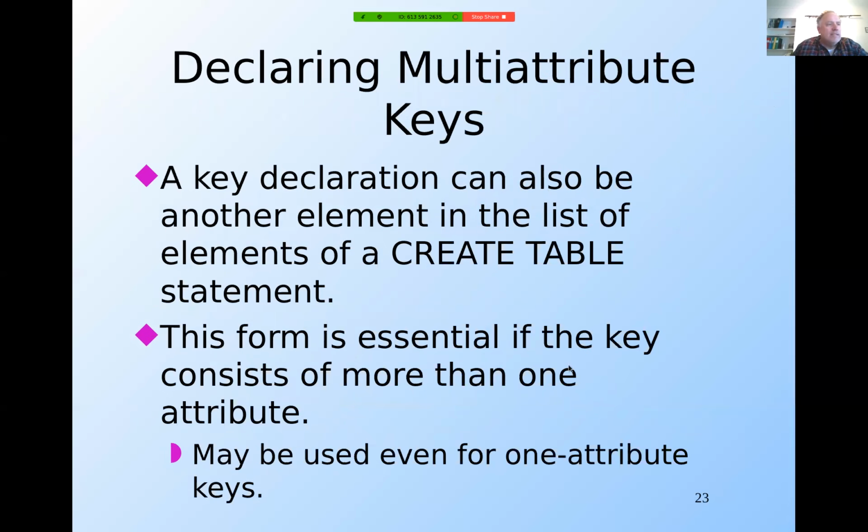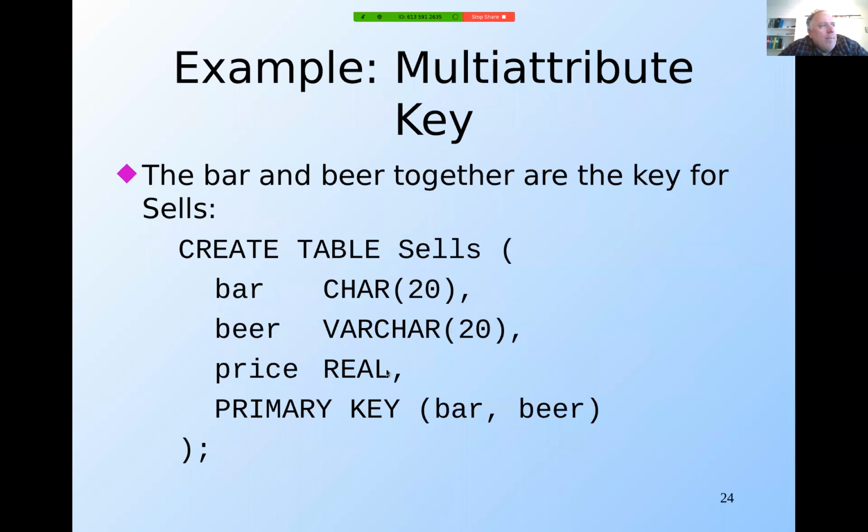When we're talking about selling, the primary key actually winds up being a combination of the bar and the beer, and those have a unique price. So for every bar and beer, there's one single price that you're going to record.